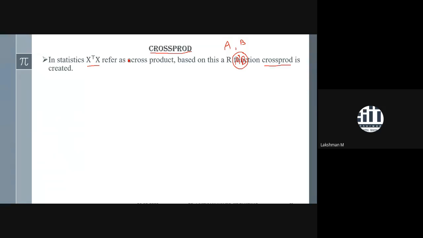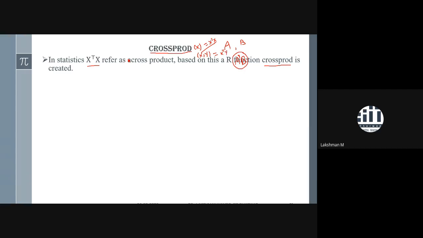If you simply put a matrix as the argument in crossprod, it means it is talking about X transpose X. If you put two arguments like X and Y under crossprod, then the first entry is transposed and multiplied by Y, so it is coming crosswise.